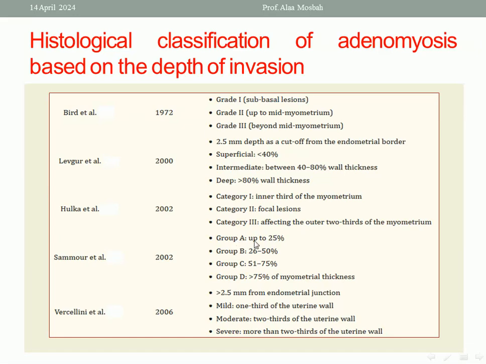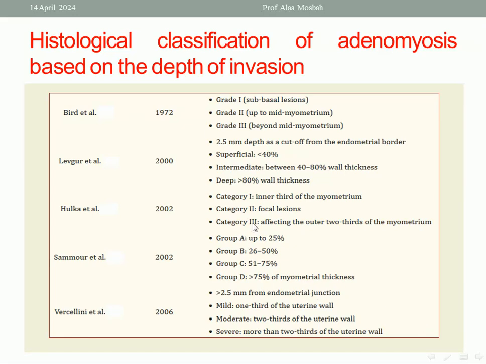Group A is up to 25% of the wall, group B is between 26 up to 50% of the wall affected, group C is between 51 up to 75% of the wall, and group D is more than 75% of myometrial thickness affected.